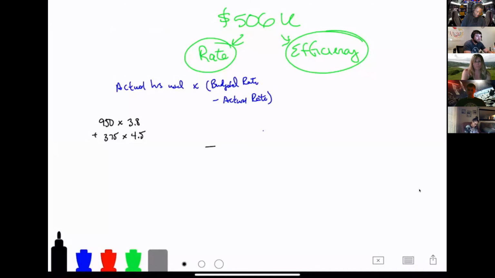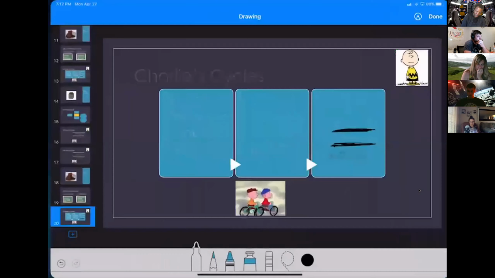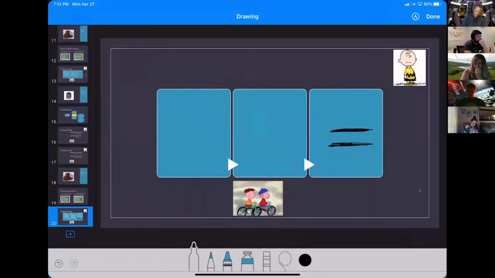And then we're going to multiply that by the difference between our budgeted rate, which was $9.50, minus our actual rate, which was $9.60. And that $9.60 is coming from right here.